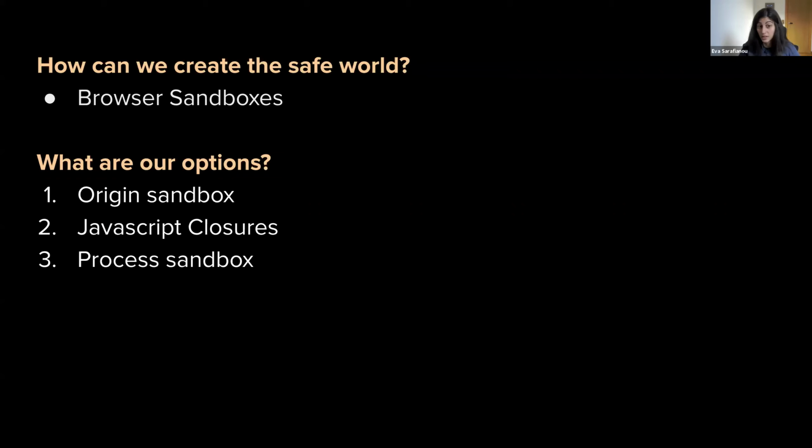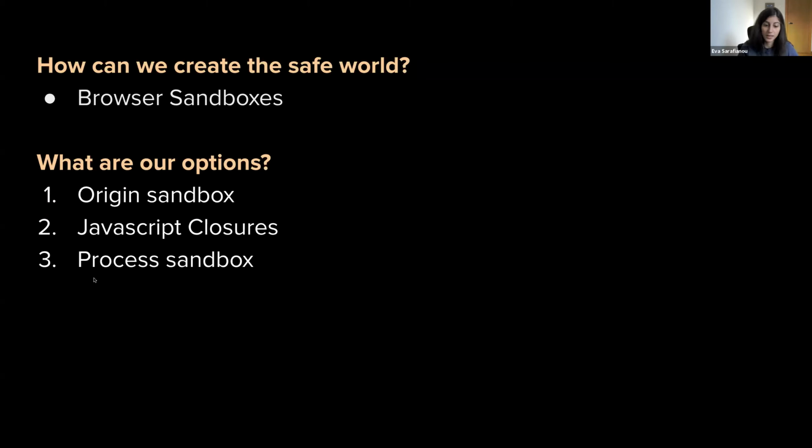First one is Origin Sandbox. We've already discussed this. Origin Sandbox is local storage, session storage, IndexedDB, and we've seen that this is not a secure option. We have JavaScript closures. We saw that there are some cases, if they are simple and if they don't use functions defined outside, that this could be an option.